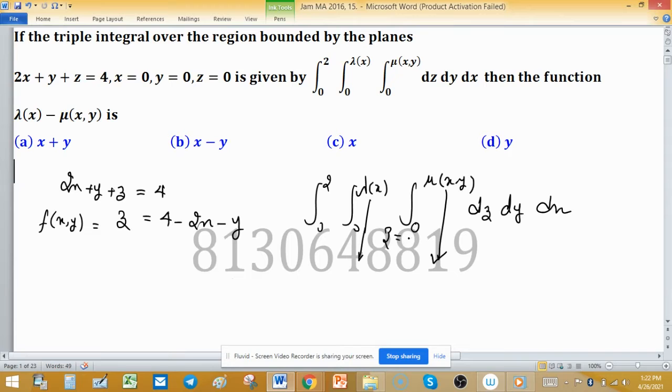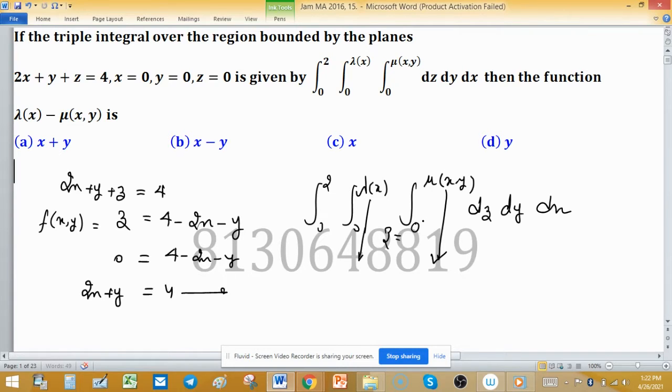So when z is equal to 0, then 4 minus 2x minus y comes in the xy plane. This means that 2x plus y is 4.